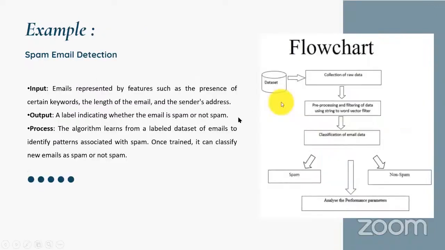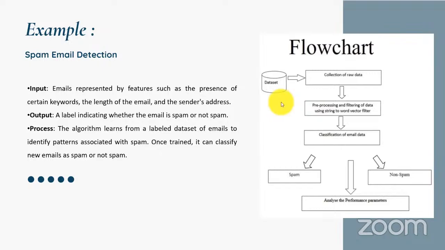So an example is given: spam email detection. The email is represented by features such as the presence of certain keywords, length of the email, etc. Anyway, when we perform the practical, we will be taking some biological data. This is just for your understanding.